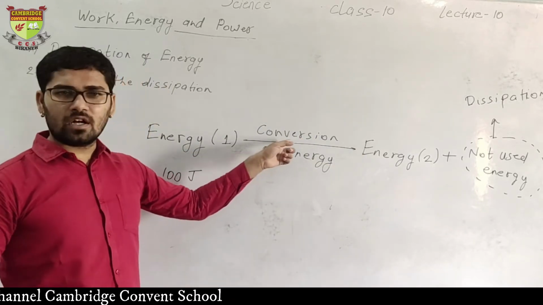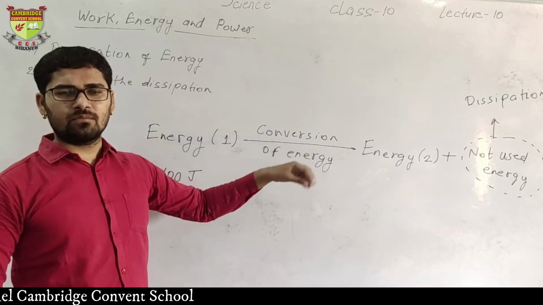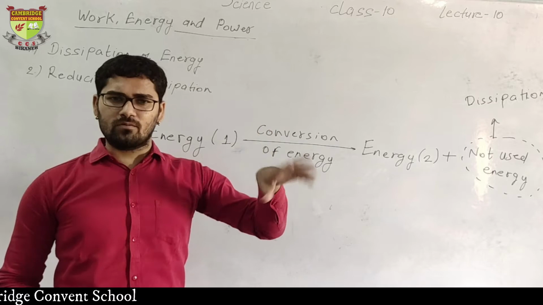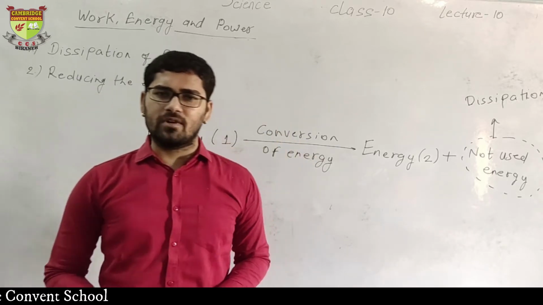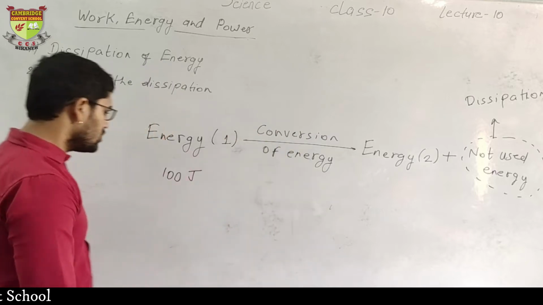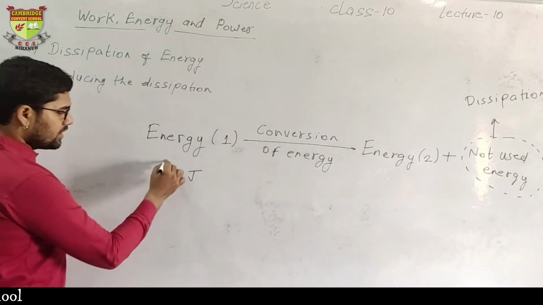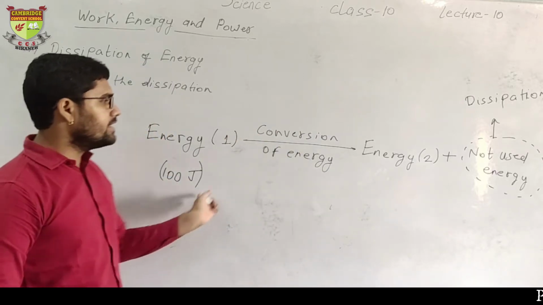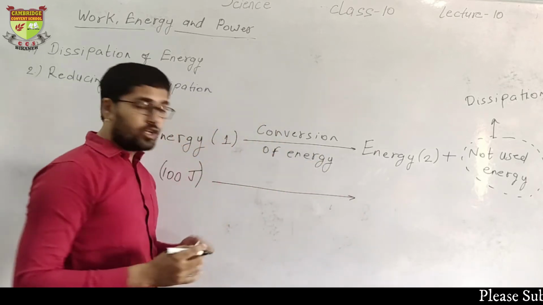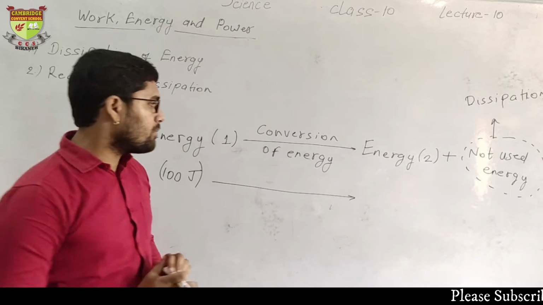So I will do some conversion process. I will use some coal power plant, hydro power plant, wind power plant, some kind of power plant. Any conversion process that we have already discussed, right? I did some conversion process. During the conversion process, what happened?